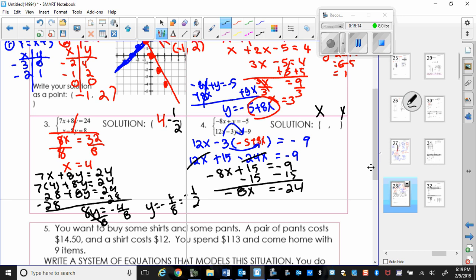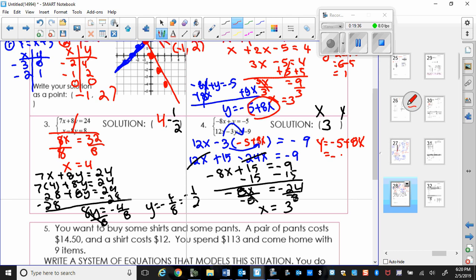So at the end, I'm looking for x and I'm looking for y, right? So negative 12x, divide by negative 12 on both sides, I get x equals 2. So x is 3. Now I need to find y. Well, I know that y equals negative 5 plus 8x.